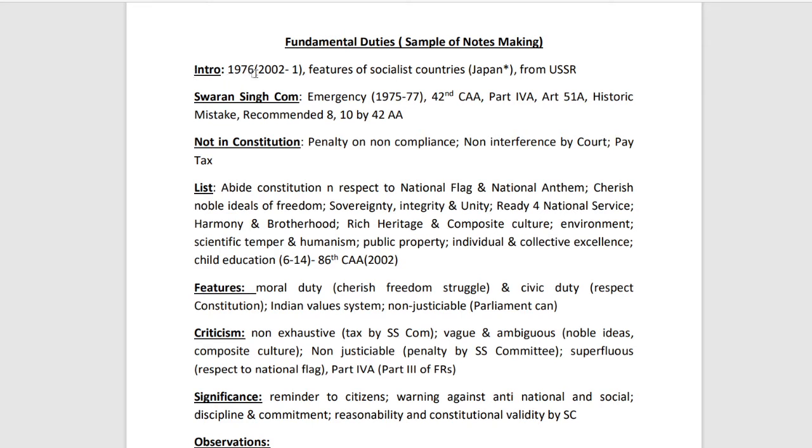So from here I can draw the conclusion that it came into picture in 1976. In 2002, one more was added. These are features of socialist countries. Japan: I have put a star mark. That means Japan is an exception, and we have been inspired from USSR. So in this way, I have made the entire paragraph into just one line of notes. Can you see? So this is the style of notes making.